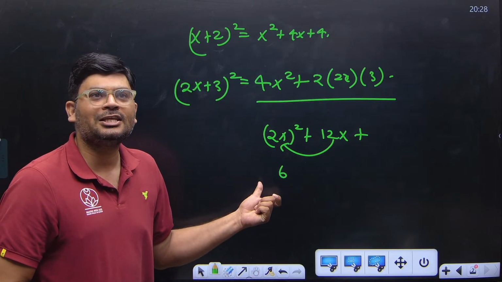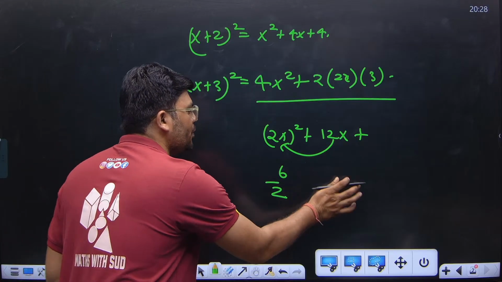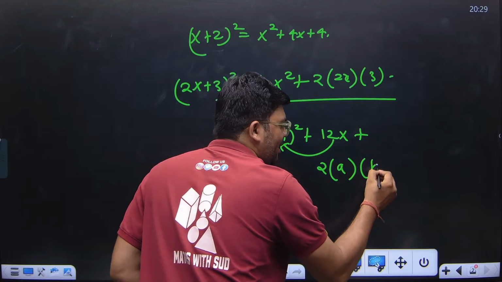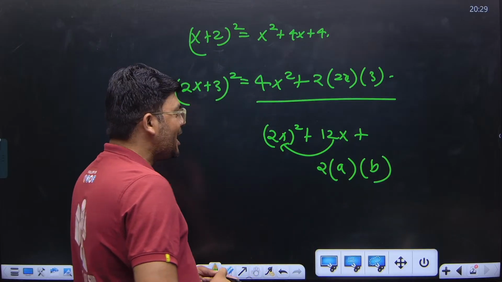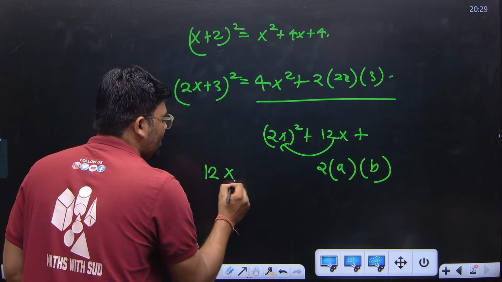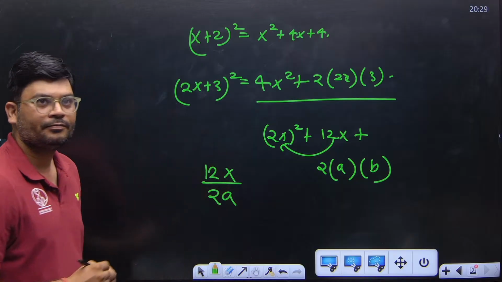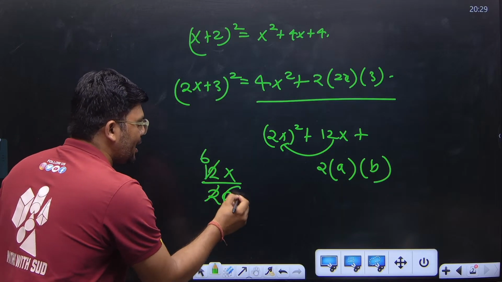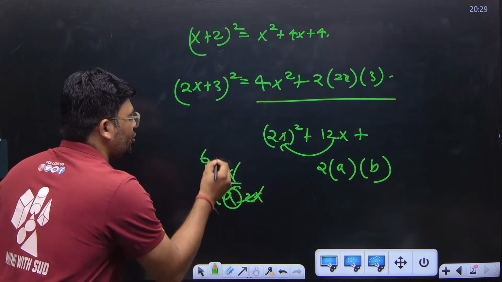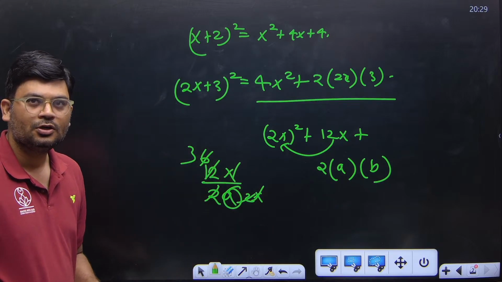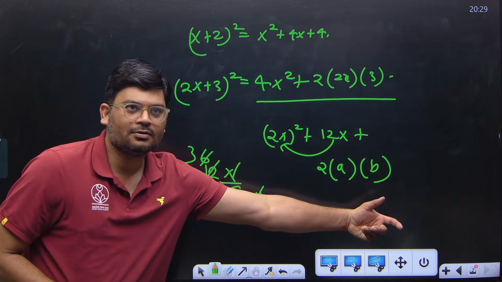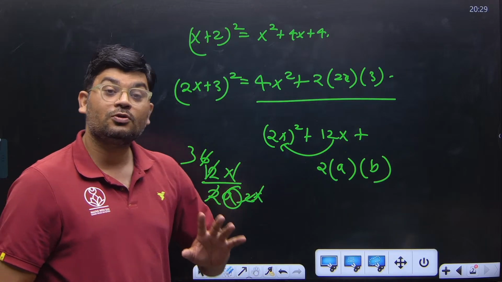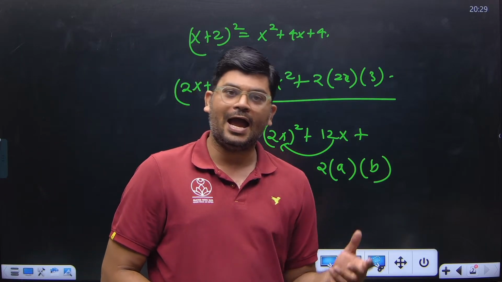Now you have to divide this by 2. Why? Because the formula is 2 into a into b. So you are dividing this by 2 into a. And 2 is making it 6 and a is making it 3. So you will add 3 square and you will subtract 3 square. Are you getting it? Because you can't add just by yourself. You have to add and subtract, do both the things.